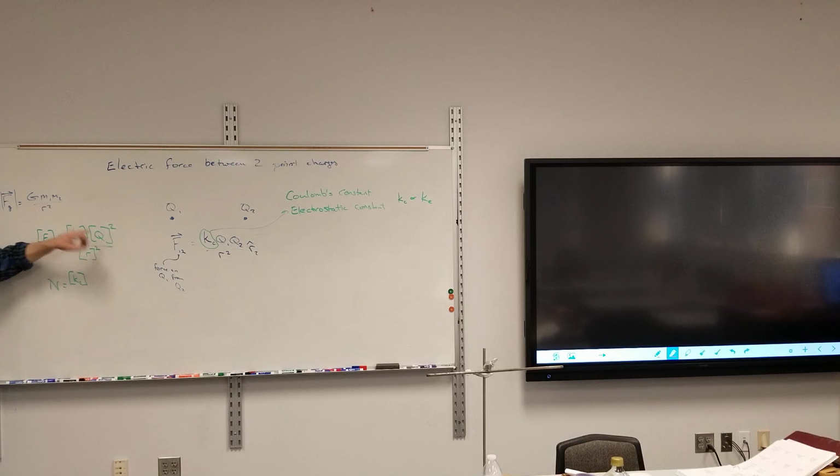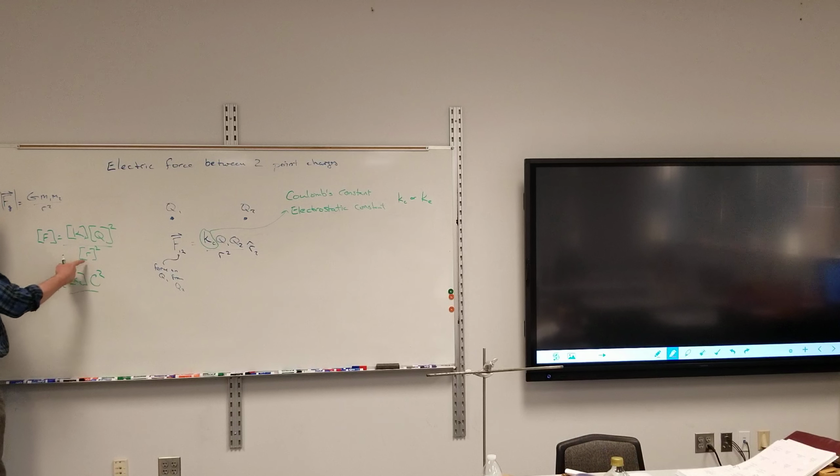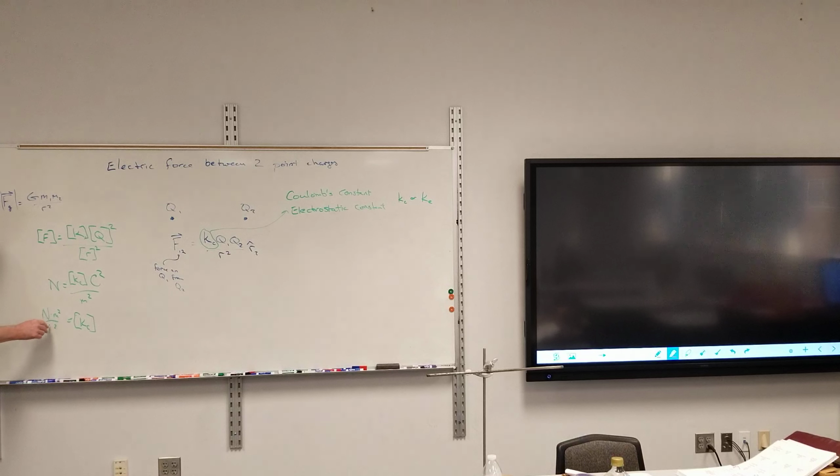And the SI unit for distance is meters. So if I isolate K sub C, we find that the units for it are newton meters squared per coulomb squared, if we're dealing with SI units. And this is supposed to be a capital C here.